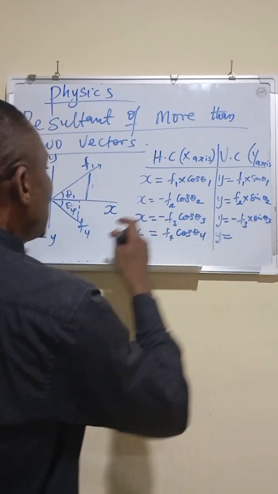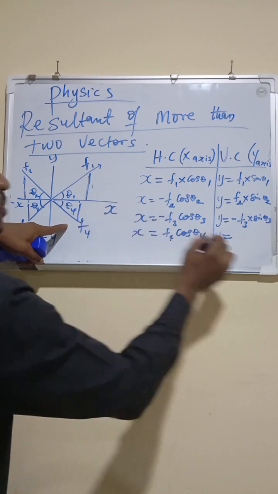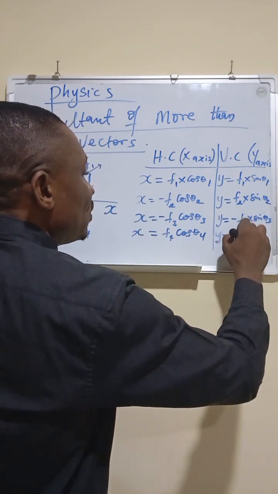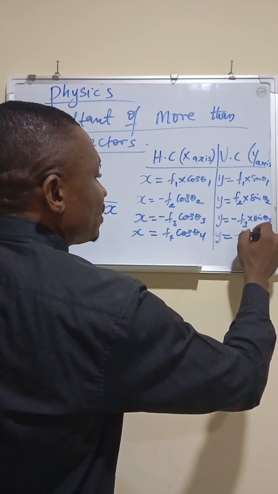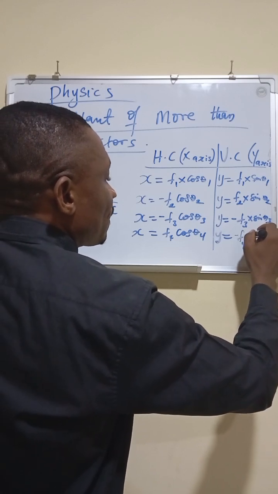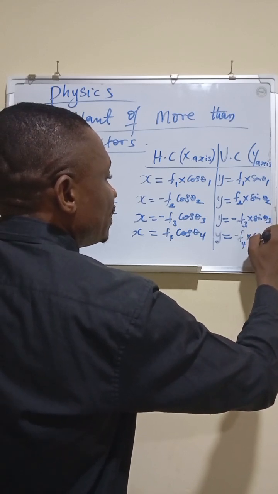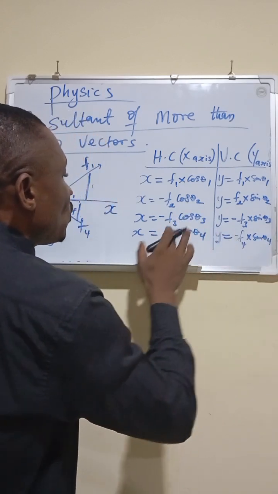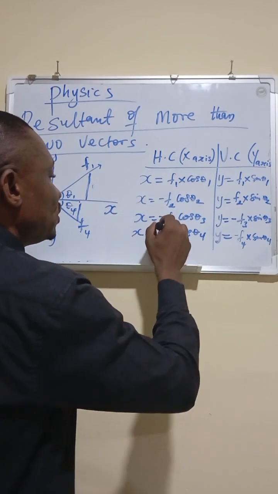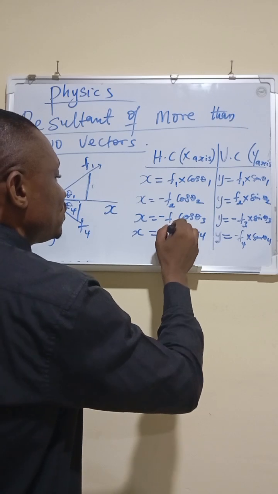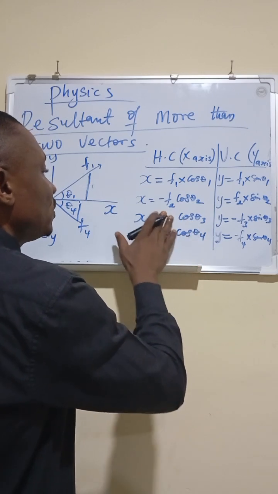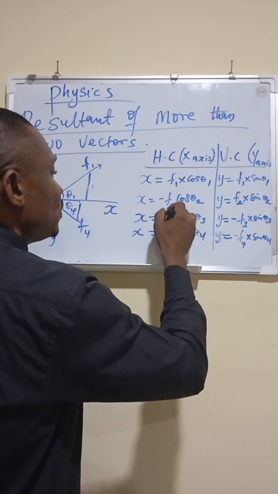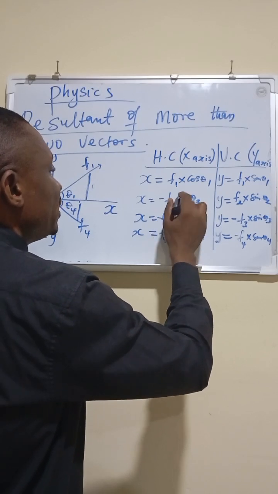Here y is still negative on this side, so we have minus F4 times sine theta 4. I can equally put all of them with the multiplication sign, so that I will not confuse anybody.